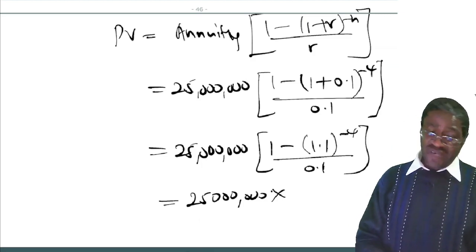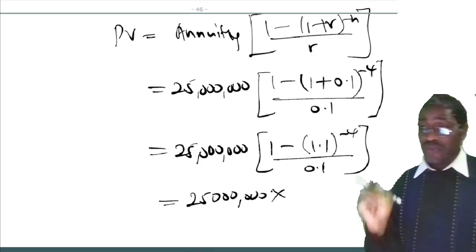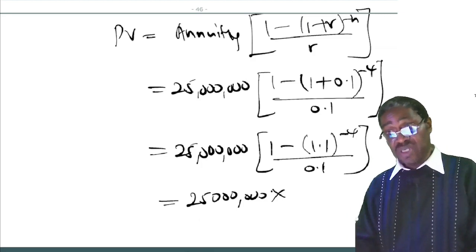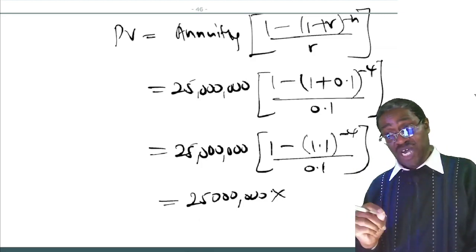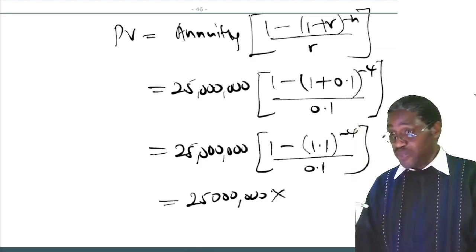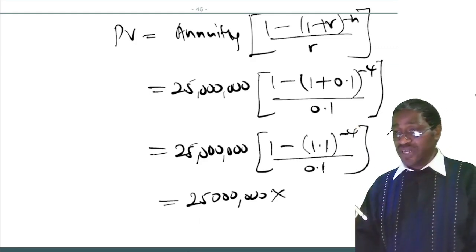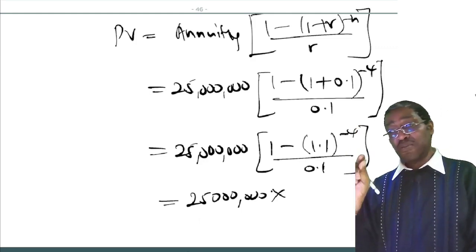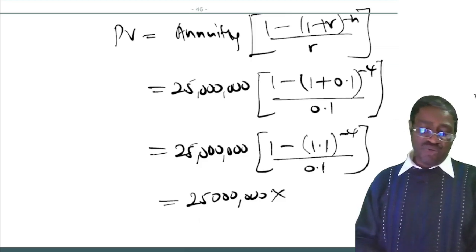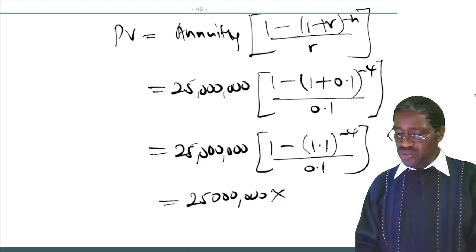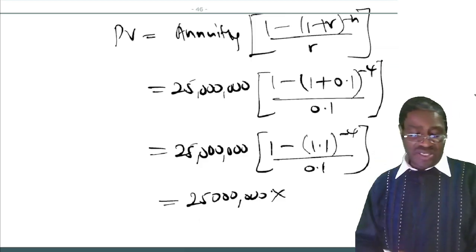If the examiner has given you the present value table of annuity, go to the column of 10%, go to the row of 4 years, and where they merge, that gives you the factor. But because now we are using a calculator, let me just calculate it.